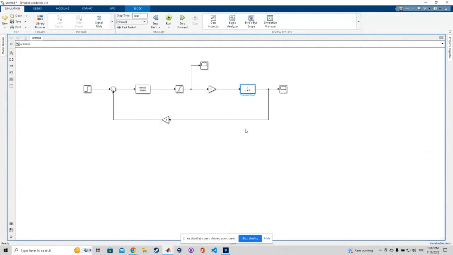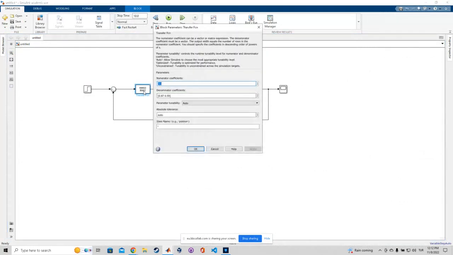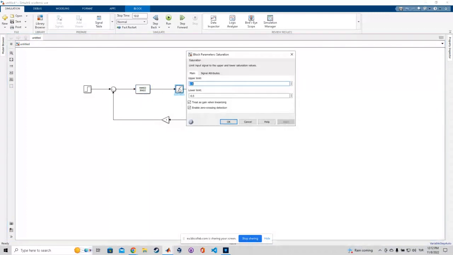So first we decide our first transfer function. We said that our denominator is our inductive load and resistive load, LAS plus RA, so 0.87 and 0.59 are the parameter values we decided. And then your saturation, we limit the current, so between plus and minus 3 is to limit the current.